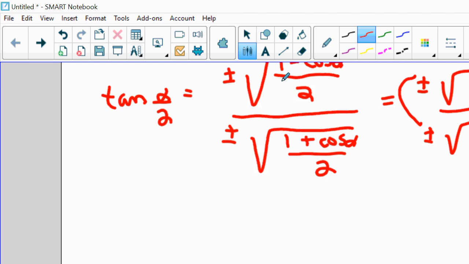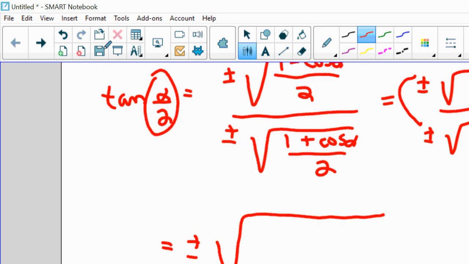Plus with plus, minus with minus, it's safe to just keep one plus or minus, because you know where you're at. We know the location of alpha over 2, so we just put the correct symbol, but you can smash them back together. So, cute little proof.